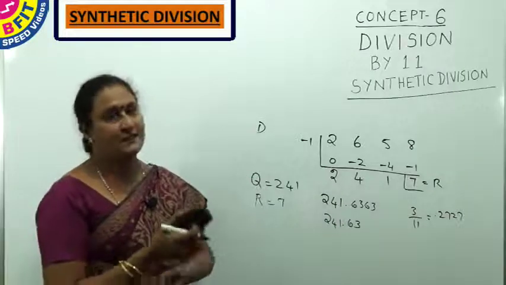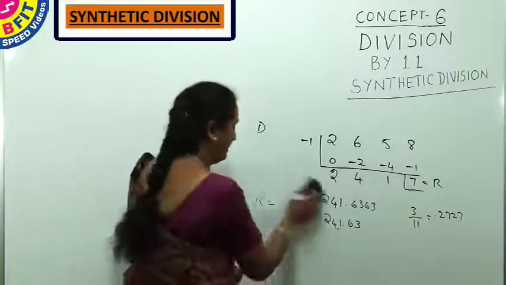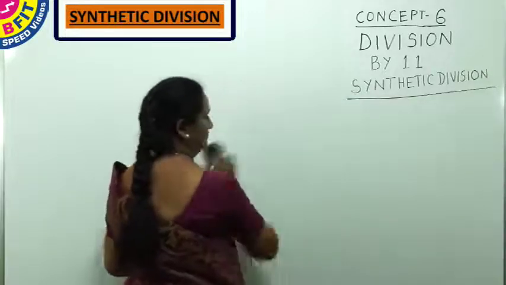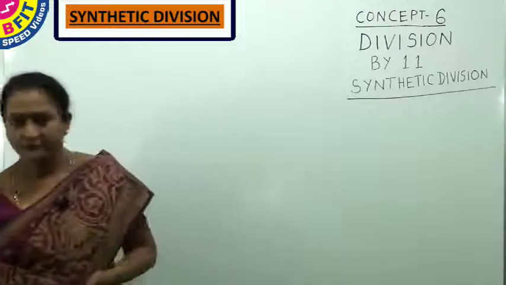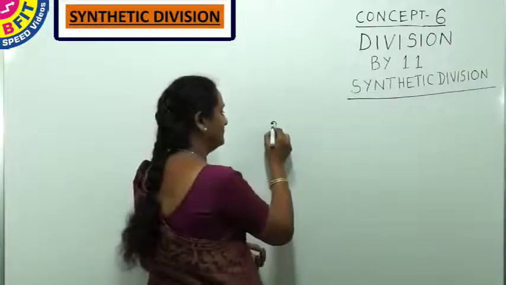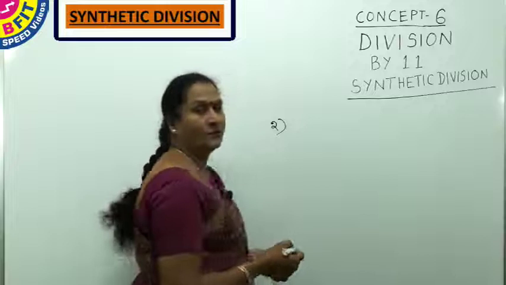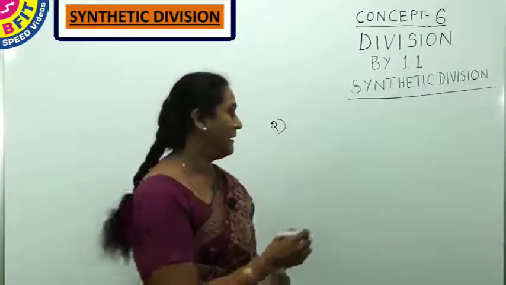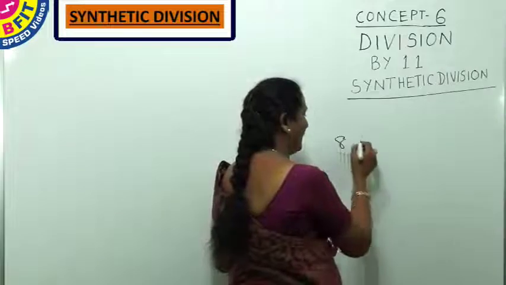And now we'll see the second question. What is the quotient when 8567 is divided by 11? Divided by 11.